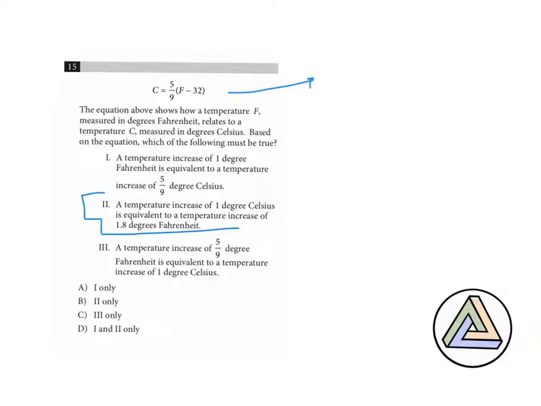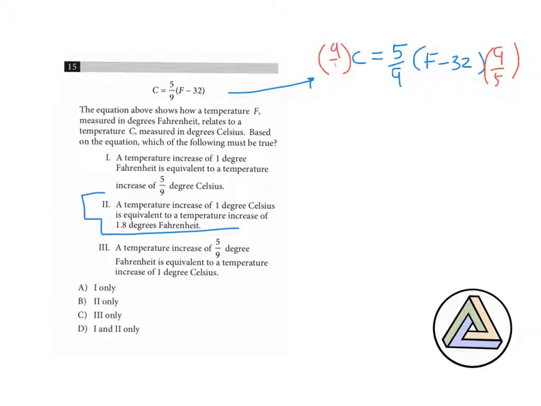So I like this equation, but let's figure out what F is in terms of C. I could do that by multiplying both sides by 9 over 5. So I will start by rewriting the original and multiply both sides by 9 over 5.